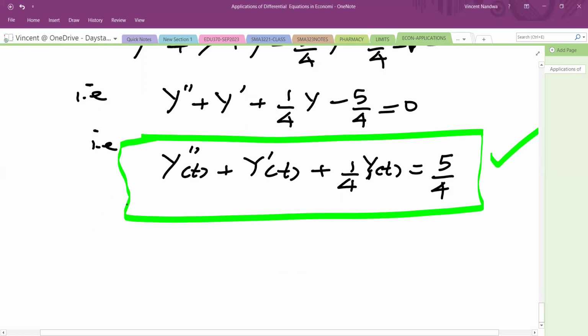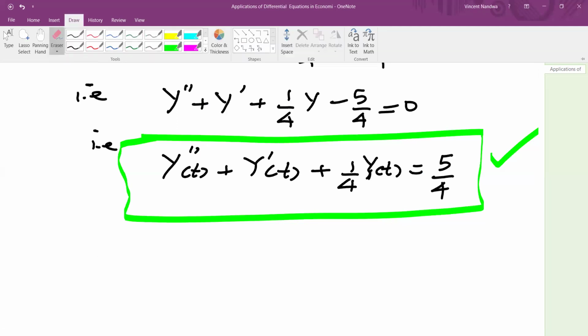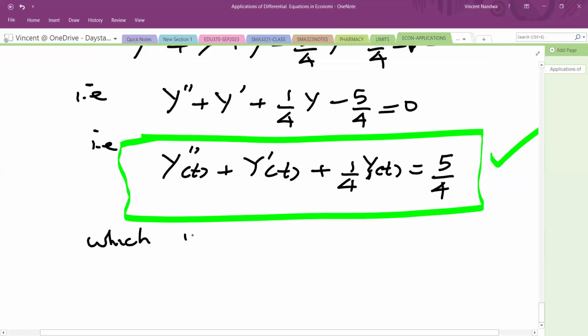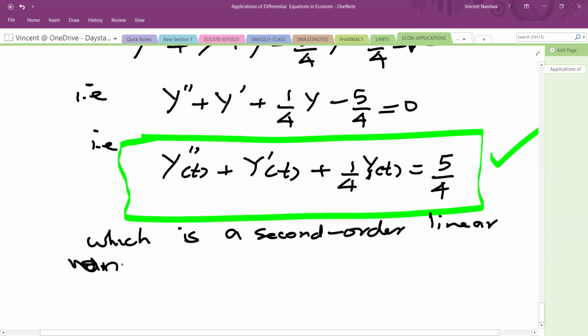So to solve this, remember this is a second order linear non-homogeneous differential equation.